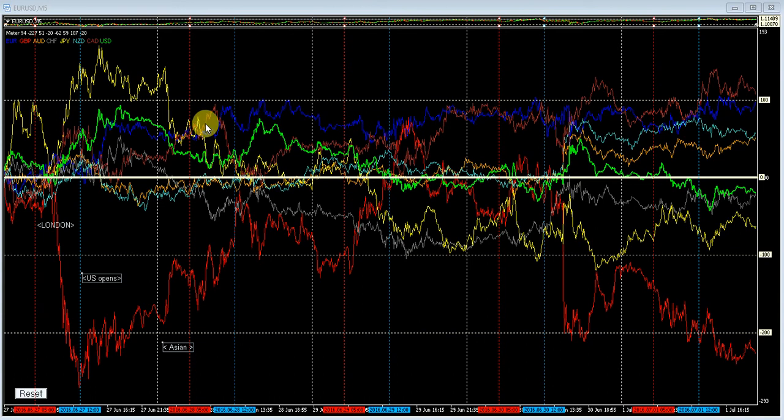Last but not least, we have some red dotted lines, starting around 5 o'clock in the morning each morning of the week, which is actually 6 o'clock GMT, and that represents when I start what I call my London session open. Anything to the right of each dotted line, you're into the London session, and that's when I'll normally be scalping for a couple of hours.